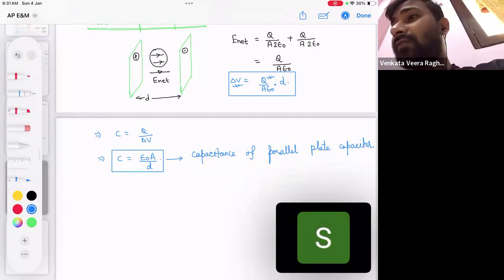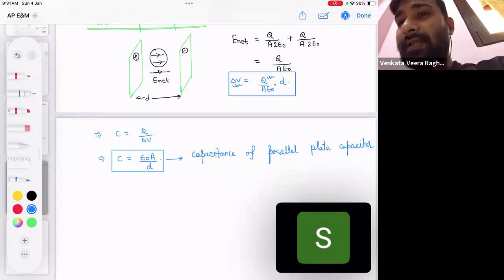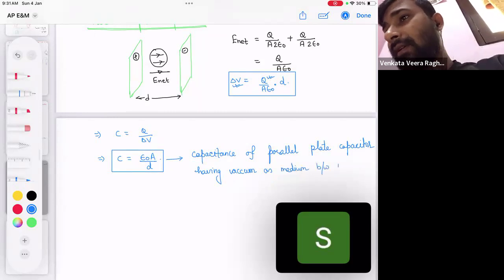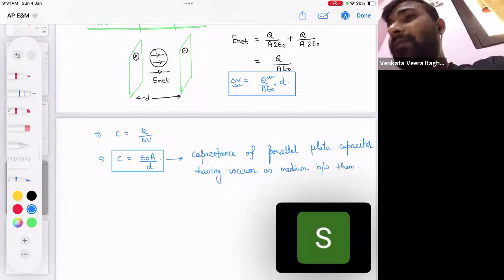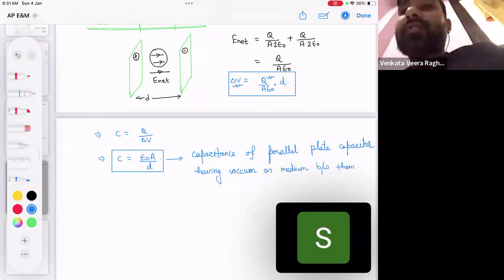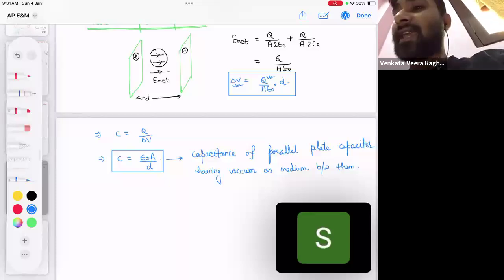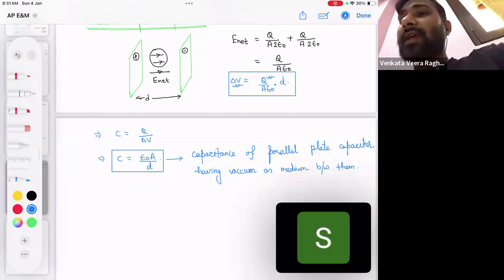The capacitance of a parallel plate capacitor having vacuum as the medium between them. Understood? Vacuum, you can call it free space, or sometimes air it is called, isn't it? The capacitance of a parallel plate capacitor having vacuum as the medium is this one.